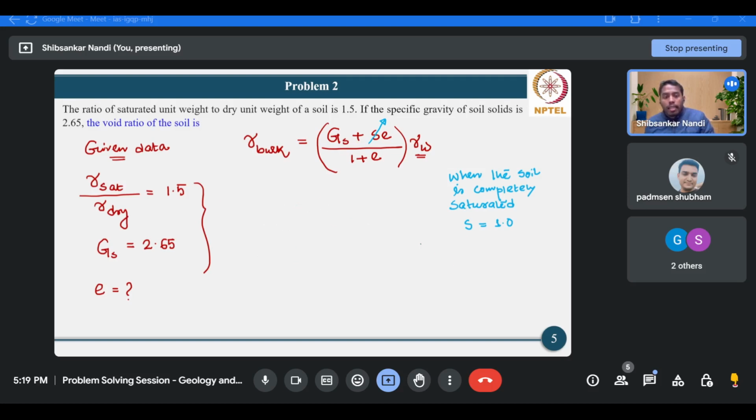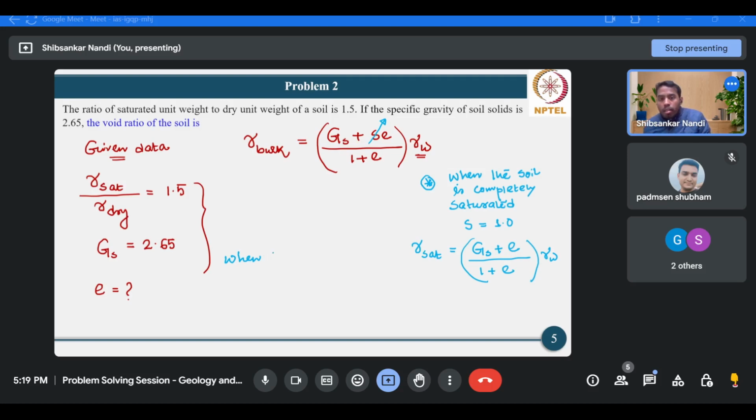In that case you will be getting the unit weight as gamma saturated, which will be (GS plus e) divided by (1 plus e) multiplied by gamma W. Now the exact opposite scenario is when the soil is completely dry. These are two extreme circumstances, when the S value is 1 and when the S value is 0.